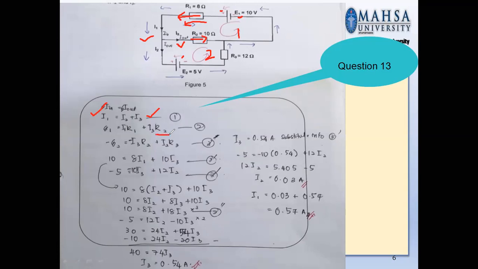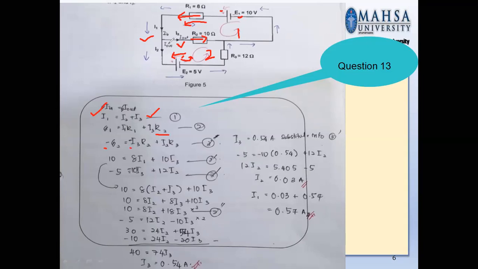Next, for the equation for your loop 2, you have a negative E2. Why negative here? Because the E2 direction of your battery is to the left, and your loop is going to the right, so you have a negative. This one, why negative I3?